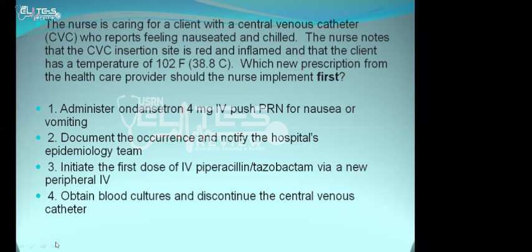So all these are symptoms that show there is an infection. So then there will be a need to obtain culture to come out with the right antibiotics, the right prescription to use. So I think this would be the first thing before giving any antibiotic. This is my submission.